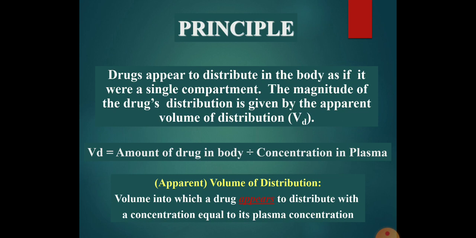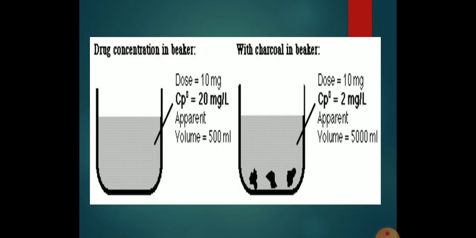So apparent volume of distribution is basically expressed in terms of liter or milliliter. And that mathematical calculation you can do from here. On the left hand side, which has been depicted in the figure, if you do this as simple mathematics, you can calculate the apparent volume of distribution.